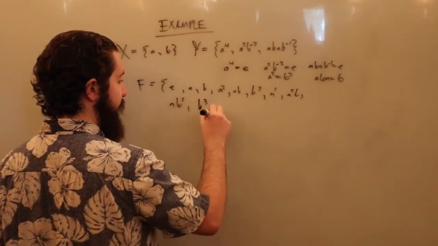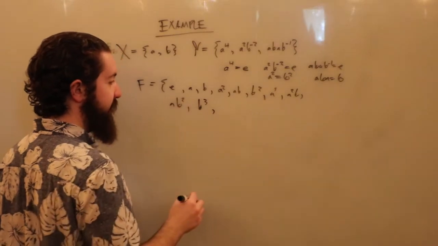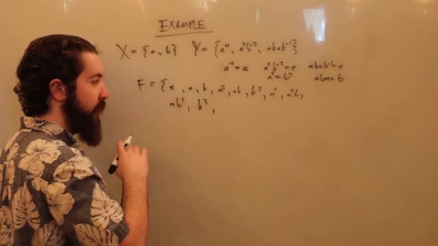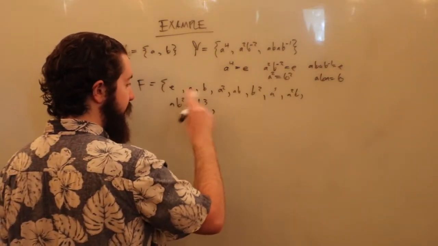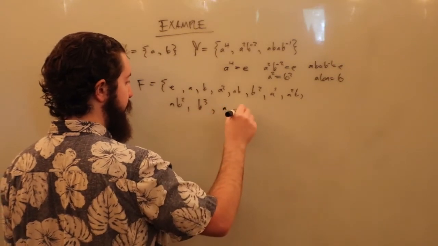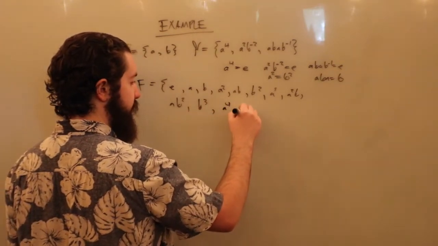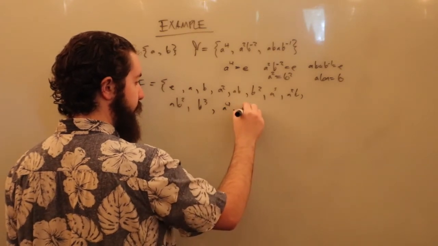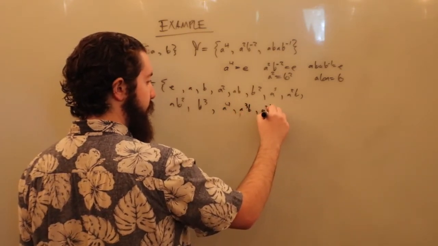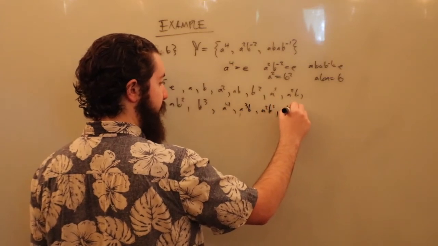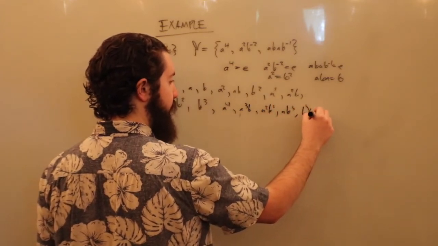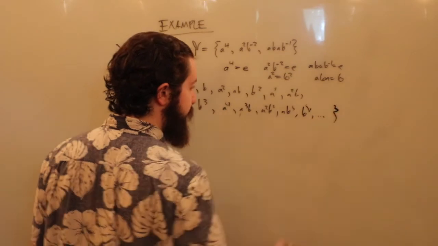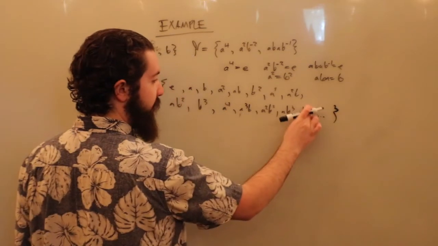And I'm writing it in this order because I think it's the easiest to see the complexity rising in this order. So A to the fourth, A cubed B, A squared B squared, AB cubed, B to the fourth, etc. It's kind of a bad 4.